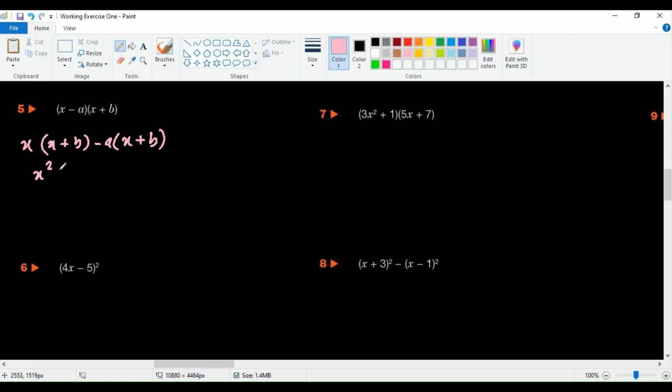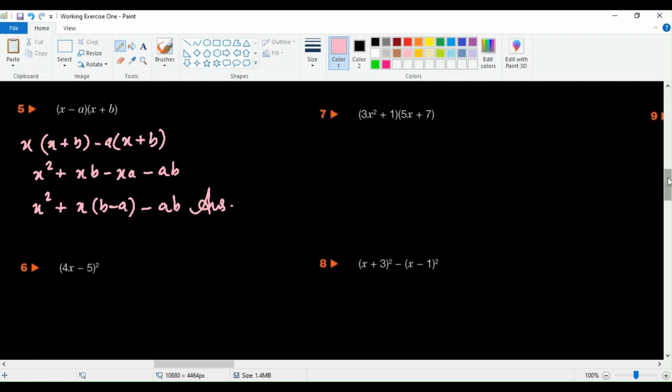This gives x square plus xb minus xa, and then minus plus is a minus ab. This gives us x square plus xb minus xa and minus ab. That's how this is going to be the final answer for this question.